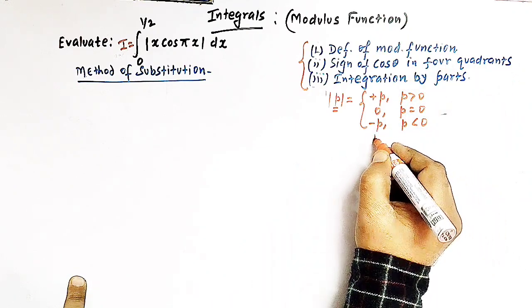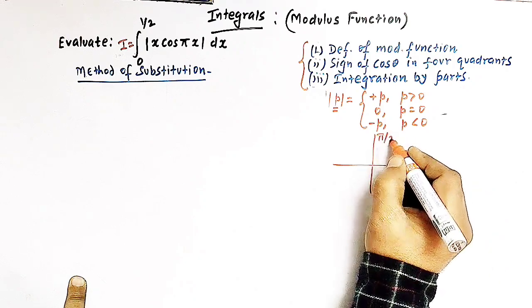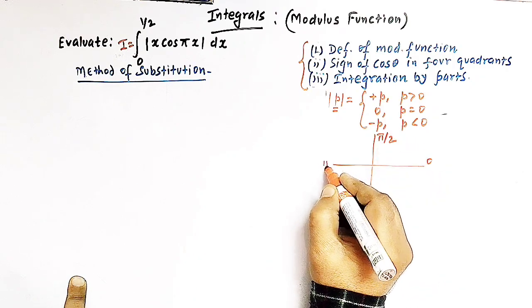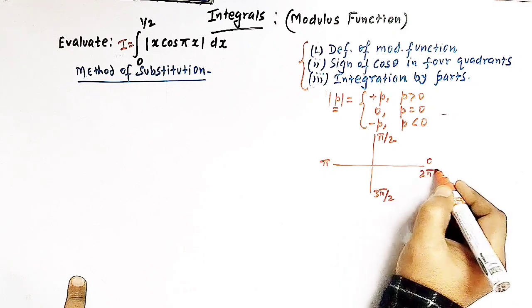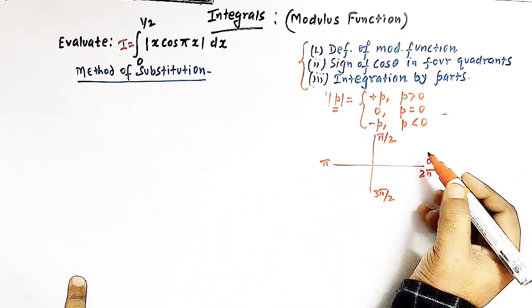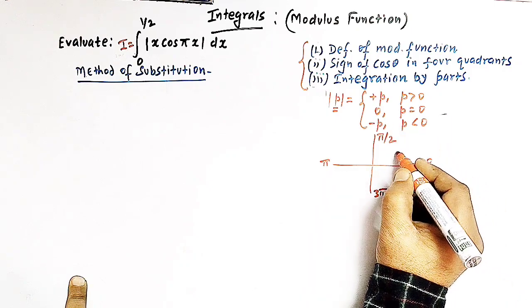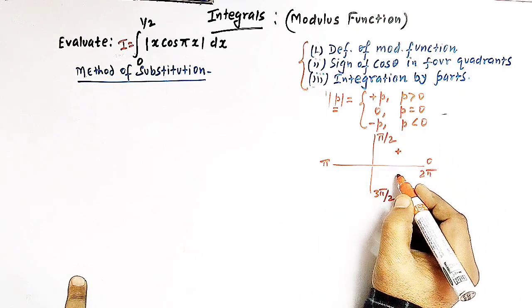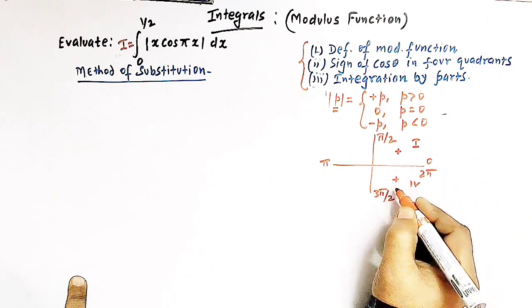Now see, when we have the four quadrants, here we have 0, here we have pi by 2, then we have pi, then we have 3 pi by 2, and here we have 2 pi. Now we know from trigonometry that the cosine function is positive in the first quadrant and in the fourth quadrant, right?